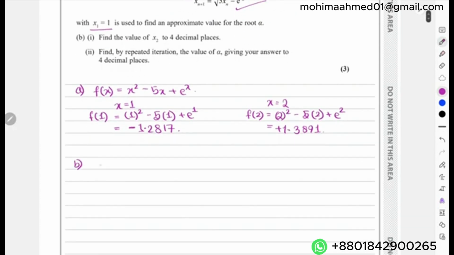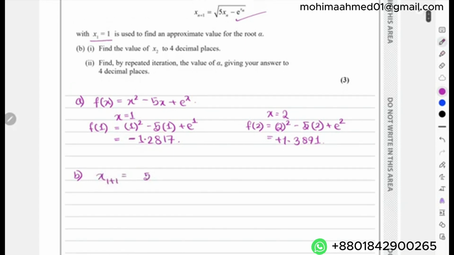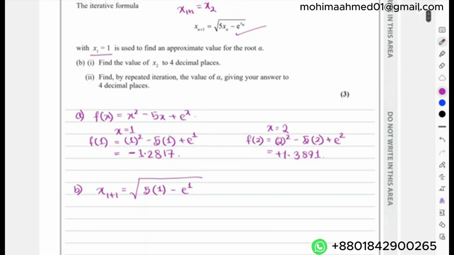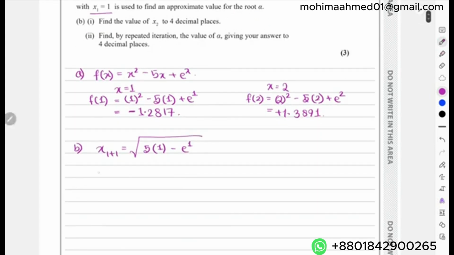So for part B, you have x1 plus 5. x1 was just 1, so it's quite easy. Then e to the power 1, the entire thing under a root. If you calculate 5 minus exponential 1, you get 1.5105. We are asked to keep the answer to 4 decimal places, so we keep it till then. So you get x2 equals 1.5105.